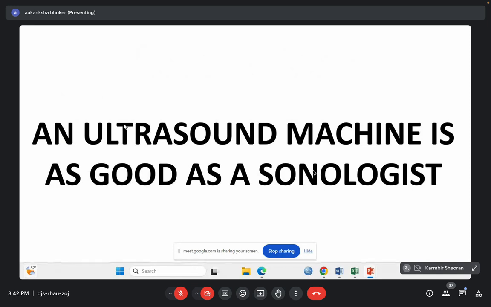So today's lecture we can conclude that an ultrasound machine is as good as a sonologist. You can have a very good, very costly ultrasound machine, but if you are not altering the controls on the machine, then you may not optimize and you may not get a good image which can be used to arrive at a diagnosis. ठीक है, लेकिन अगर वही उतनी कॉस्टली इमेज नहीं है बट यू आर गुड एट एडजस्टिंग द कंट्रोल्स, देन यू कैन डेफिनेटली ऑप्टिमाइज द इमेज to get very good details and to arrive at a diagnosis.